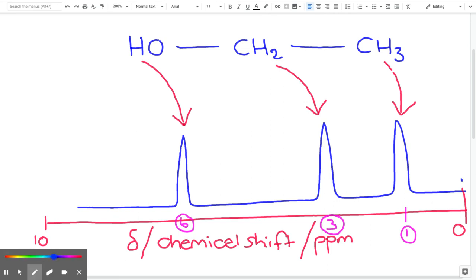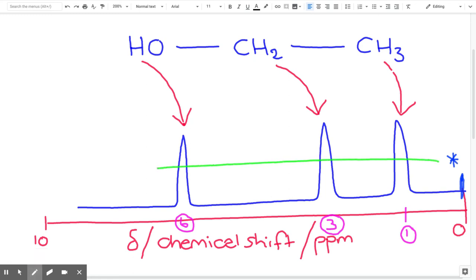And in the same way that molecular masses are relative to carbon-12, there is a marker placed into the substance when you record a spectrum. And that value is arbitrarily given the value 0. And everything else then is measured from there. So it's how de-shielded a substance is compared to the sample, which is set at 0.